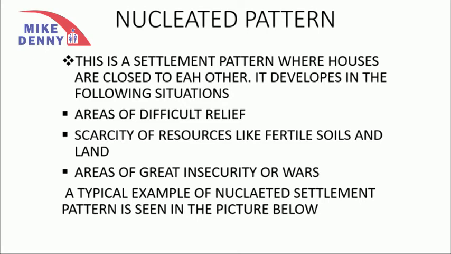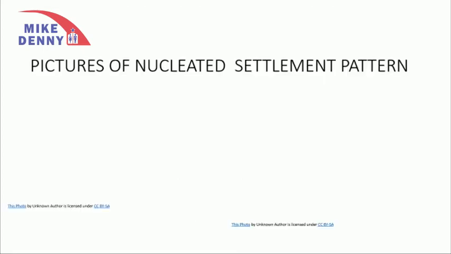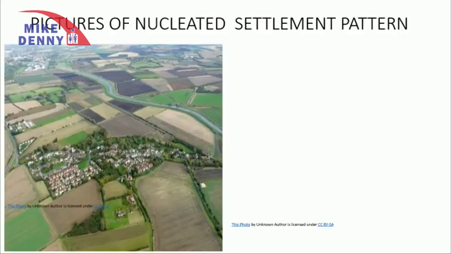And we can have typical examples of nucleated patterns in the image below. Can you see this? People are nucleated at a particular point. They are concentrated at a particular point. That is what we describe as a settlement pattern.